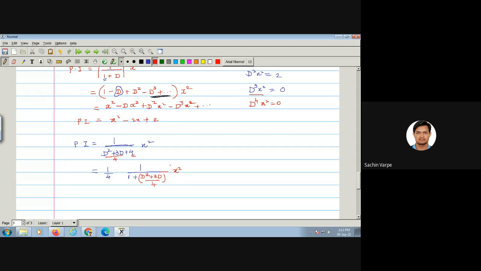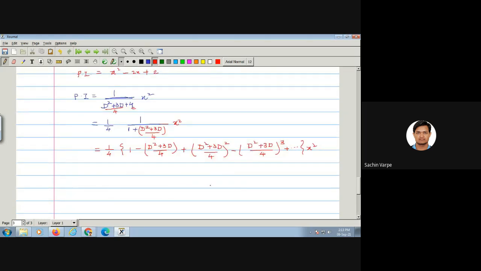So when I expand this, that will be 1 by 4 into 1 minus p, that is D square plus 3D by 4, plus p square, that is D square plus 3D by 4 the whole square, minus p cube and so on, and that is operated on x square.